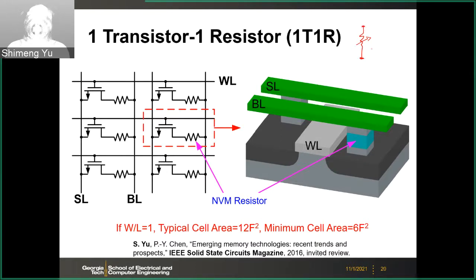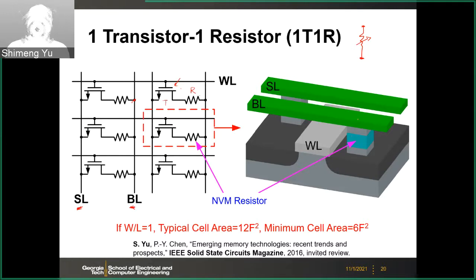But when you integrate this into an array, you may still need a select transistor in series with the resistor. So this is the 1T1R array. The transistor gate is controlled by the word line, the transistor source is connected to the source line, and the other end of the resistor is connected to the bit line.